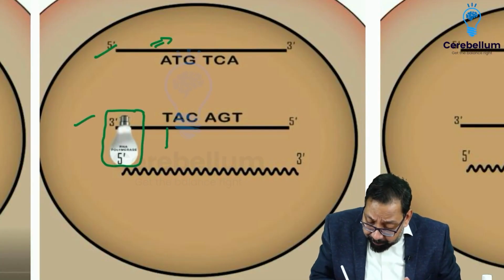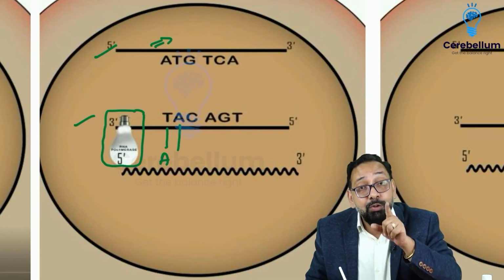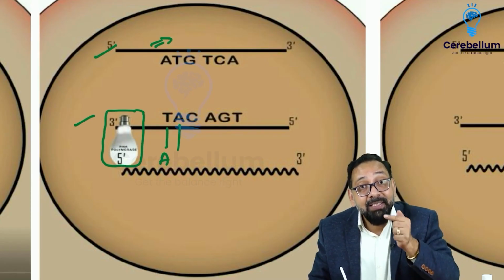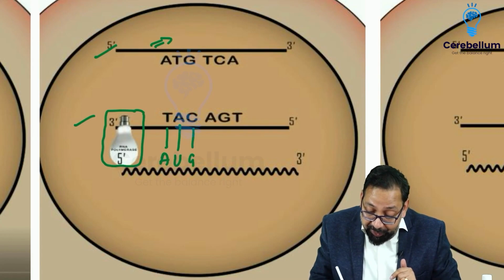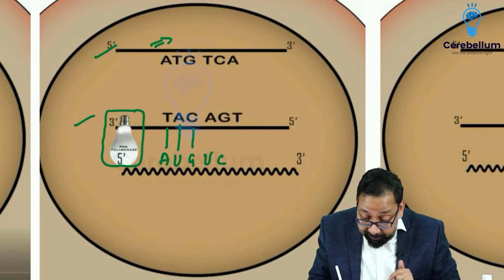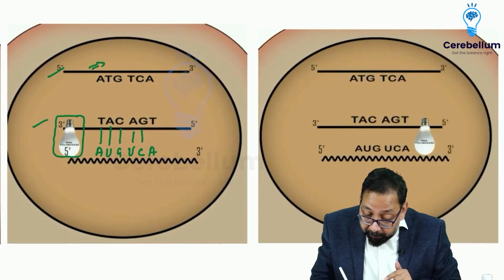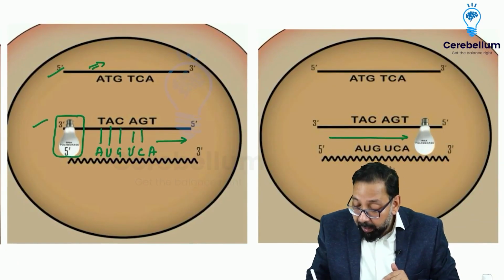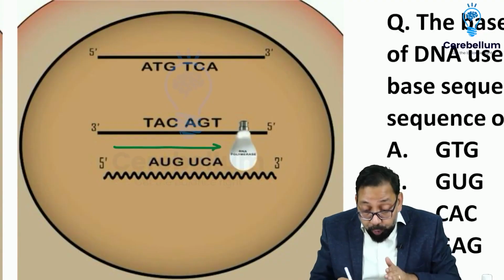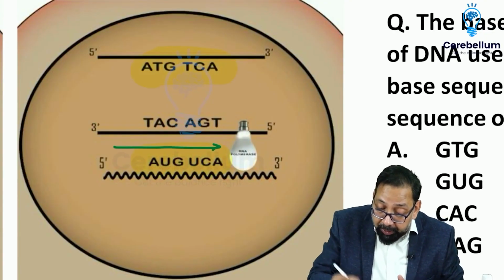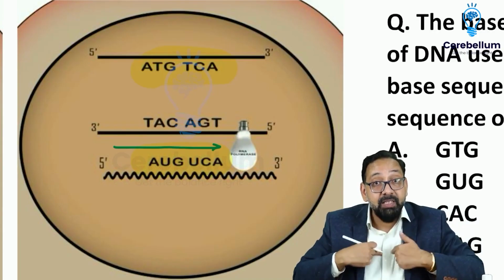You know that DNA is having T, RNA is having U. So base pairing rule: A will pair with U, C will pair with G, G will pair with C, T will pair with A. In this way, this RNA polymerase will synthesize messenger RNA, and when we saw this messenger RNA, we found that nucleotide sequence was just like coding strand. I told you, coding strand gave order to template strand, go and make messenger RNA just like me.